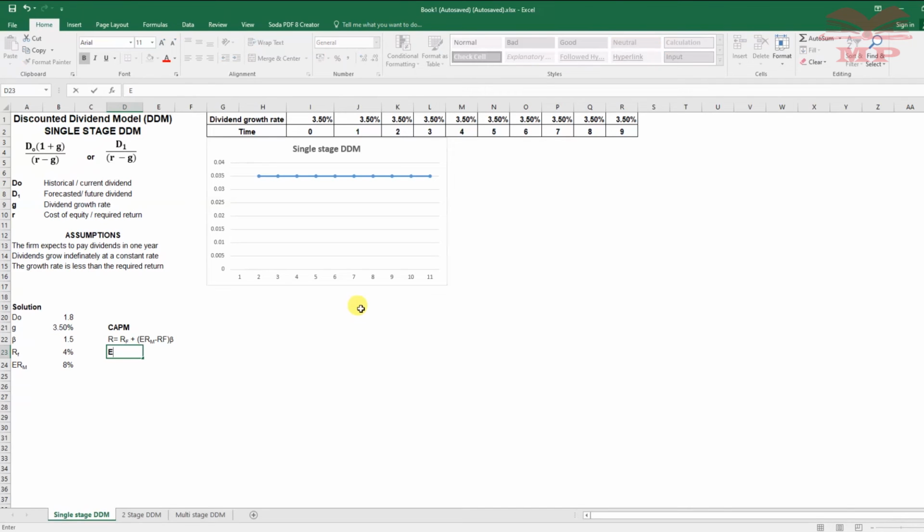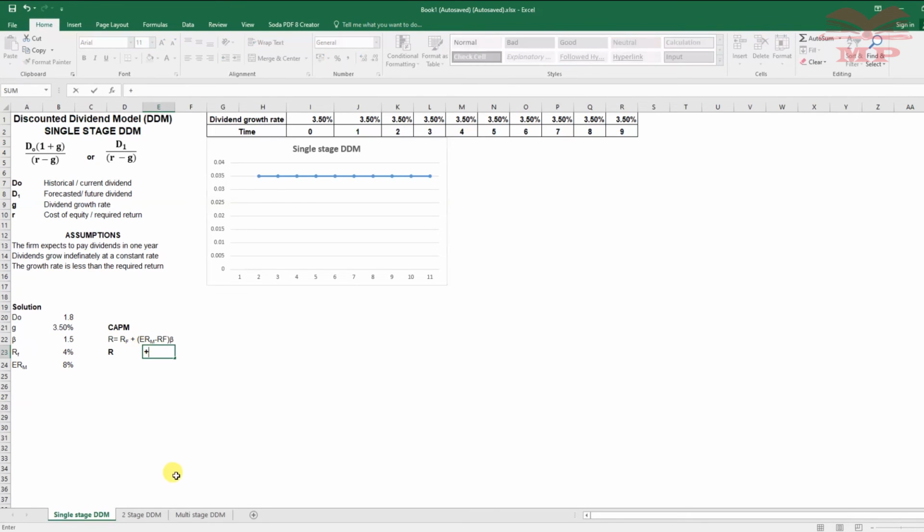So our required return is given as, we put the inputs there, RF, there. Then we put in the values over here. So then I can just delete over here. So required return is given as, we're just following the formula.